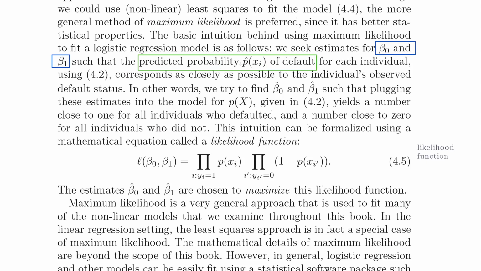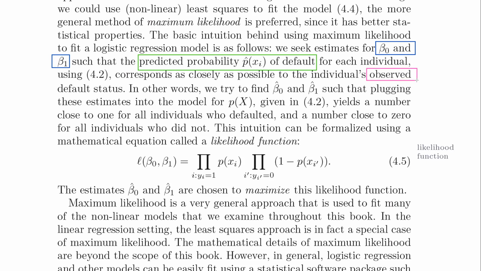The predicted probability, p hat xi, where xi is your ith observation in your training dataset, for each individual using 4.2, corresponds as closely as possible to the individual's observed default status.